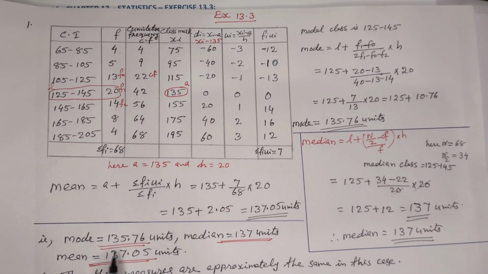So we got mode as 135.76 units, median as 137 units, and mean as 137.05. Here the comparison, the three measures are approximately the same in this case.